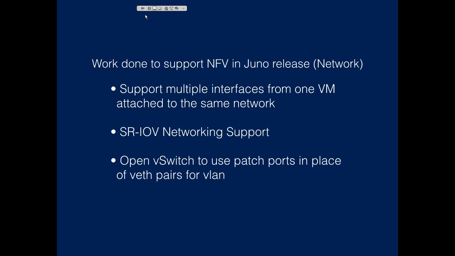Till now, Nova didn't allow you to add multiple VIFs to the same virtual machine which belong to the same network. But now you can have as many VIFs attached to the same network in a single virtual machine as you like.